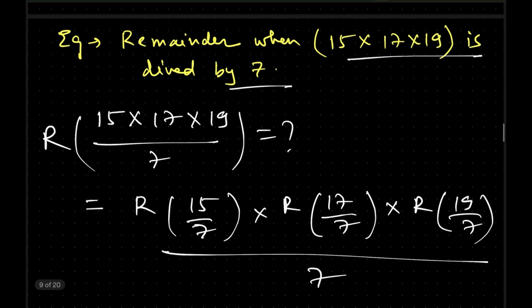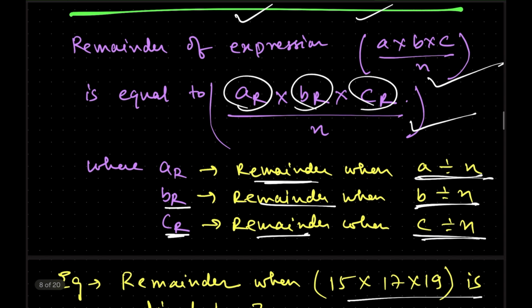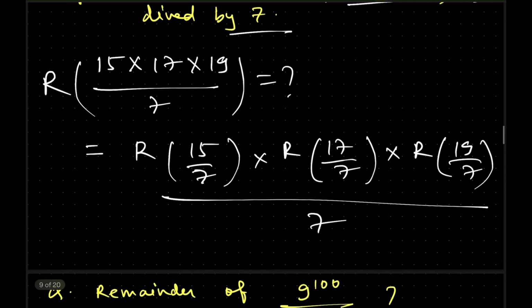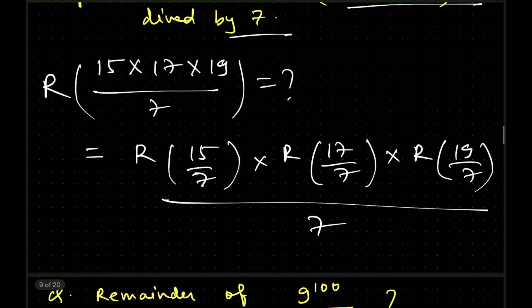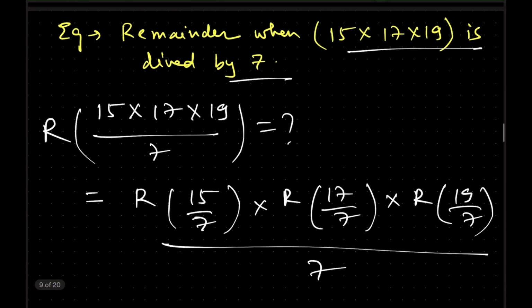So this expression, which looked scary, is nothing but dividing each number by the denominator 7 and taking the remainders. Both expressions will have the same remainder. You should fix this in your mind, as this will help you visualize.